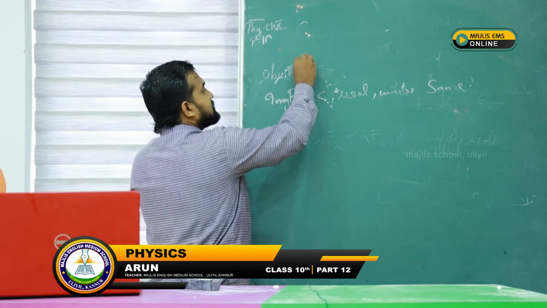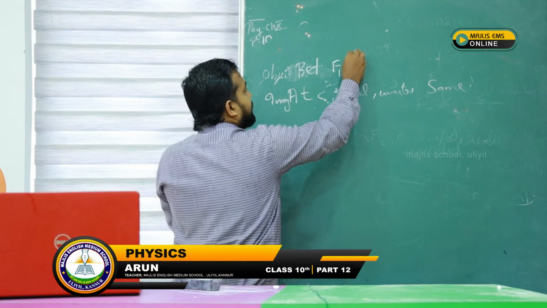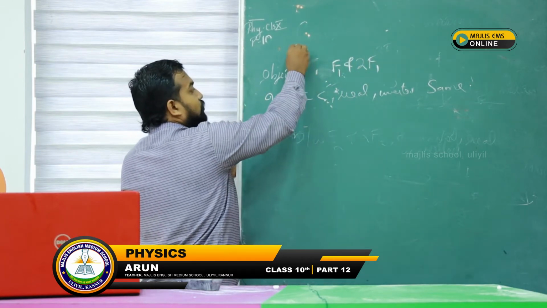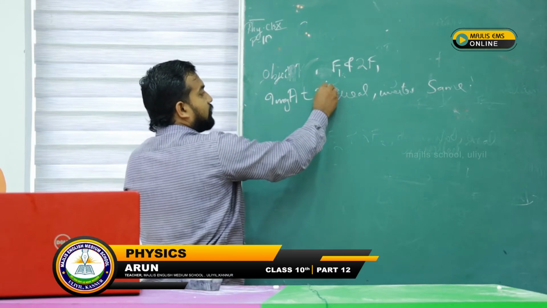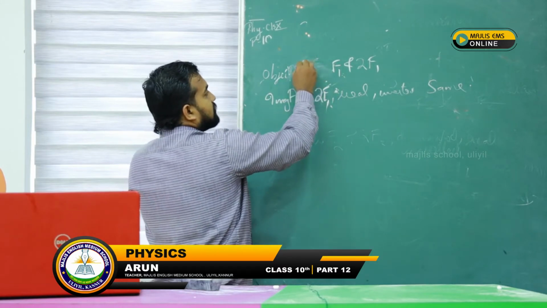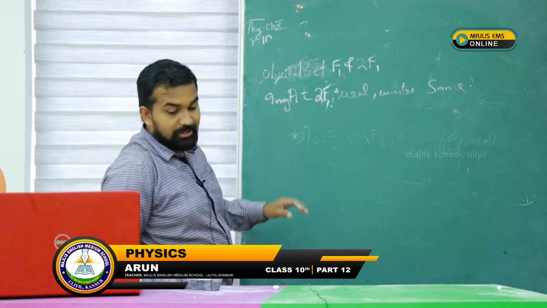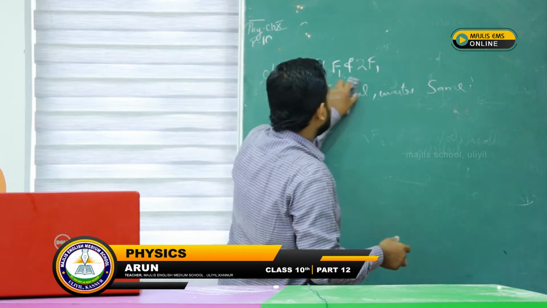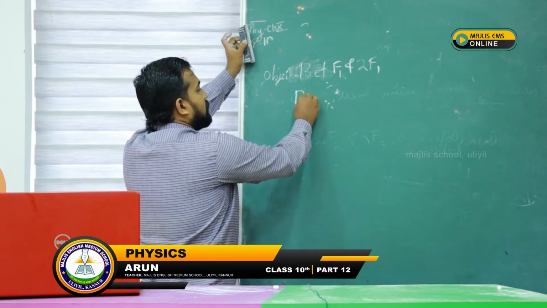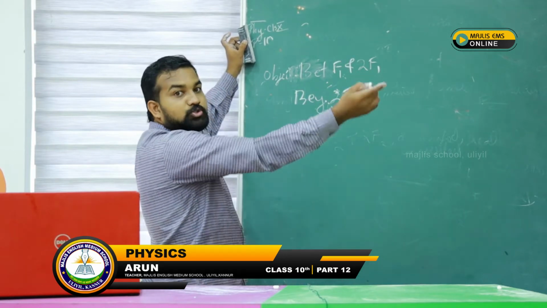Now if the object is between F1 and 2F1, where will the image be formed? Sorry, before that it was at 2F1. Now the object is between F1 and 2F1, and the image will be formed beyond 2F2.